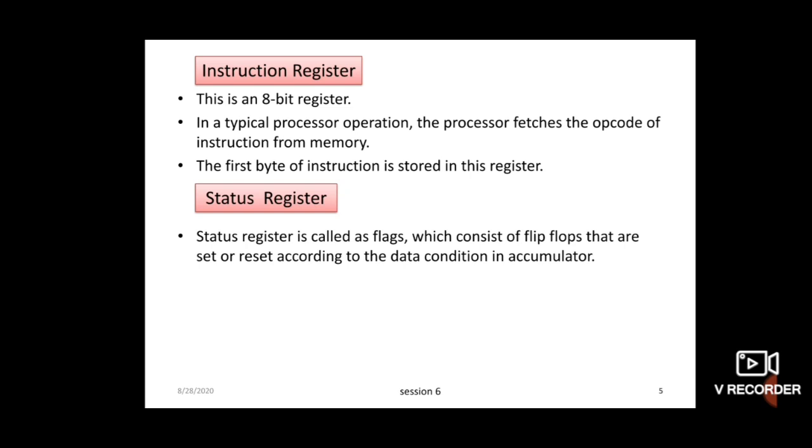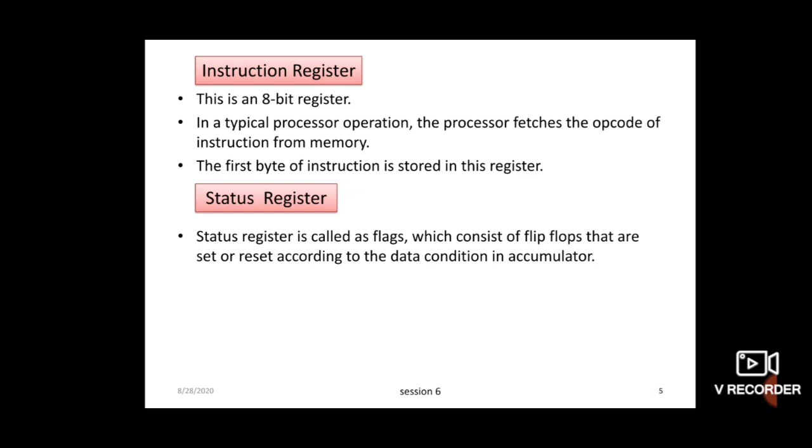Same here, the status register is called flags. In 8085, a flag word is used for the status register. You know in the pin diagram S1 and S0, these two are status signals. They also depend on either 0 or 1. If high or low, then a read or write operation will occur.